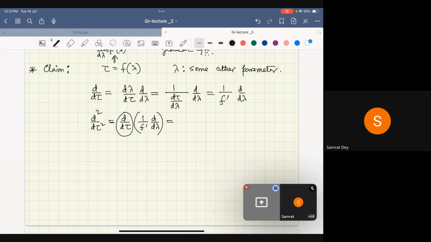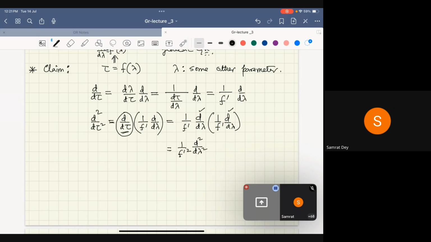So this d d tau, I will write it as 1 by f prime d d lambda of 1 by f prime d d lambda, and this is going to give me 1 by f prime square d2 d lambda 2, when this d d lambda operates on d d lambda.